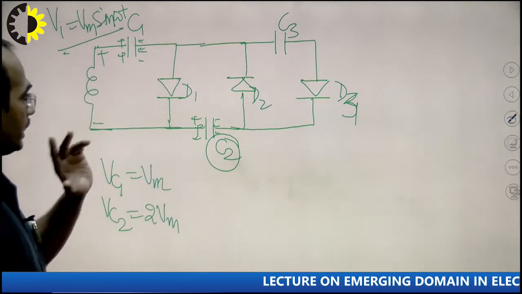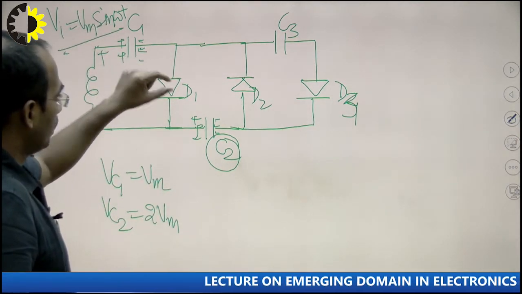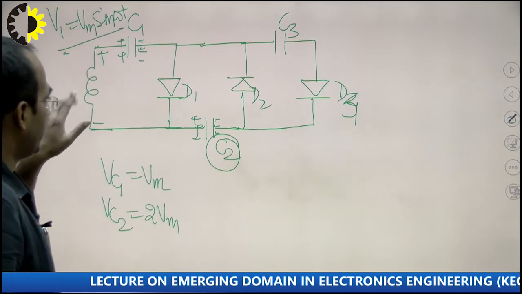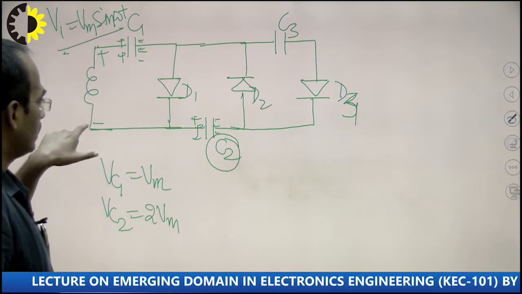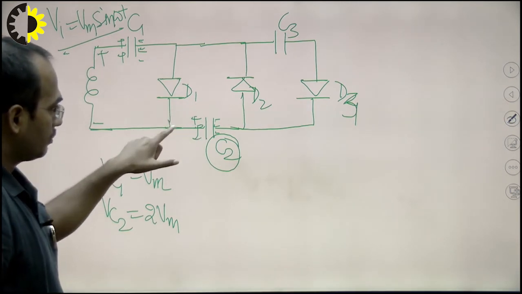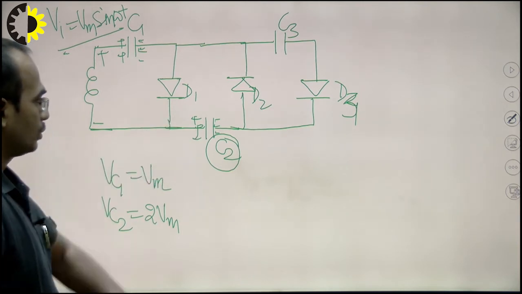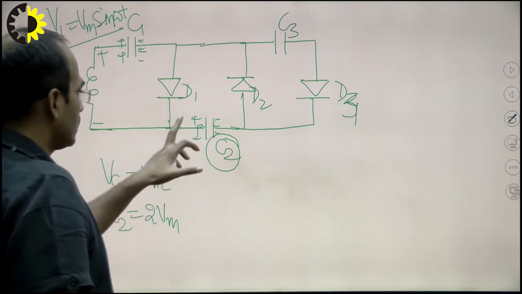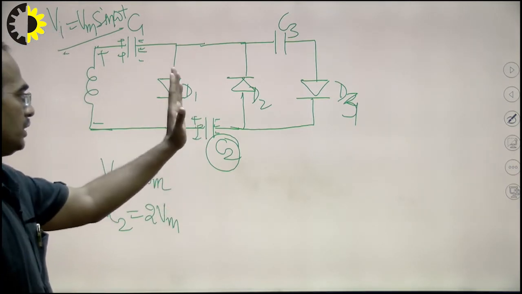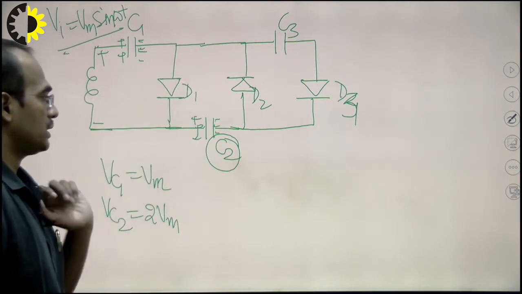How will they not conduct? Because the voltage at this terminal, here for positive half cycle we have applied the negative terminal. The charge stored at capacitor C2, the accumulated charge, is positive here and negative here.